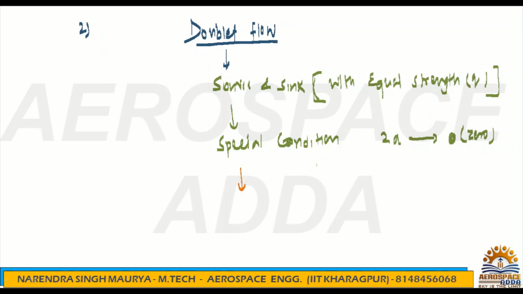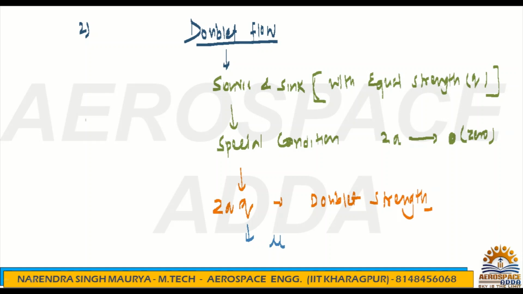Second very important point, the product of 2a and strength. 2a is the distance between source and sink, and q is the strength of source and sink, known as doublet strength. Known as doublet strength. And now this doublet strength is denoted by mu.